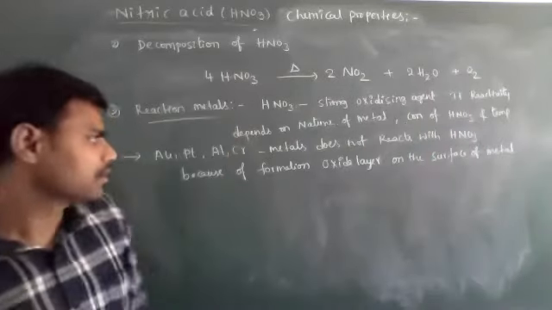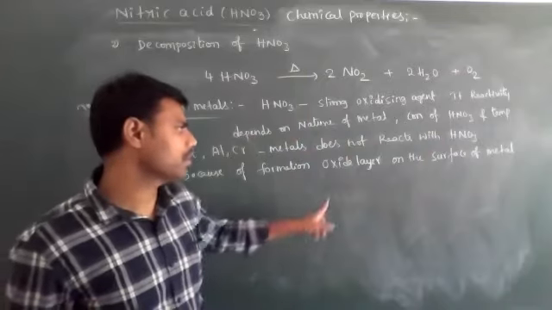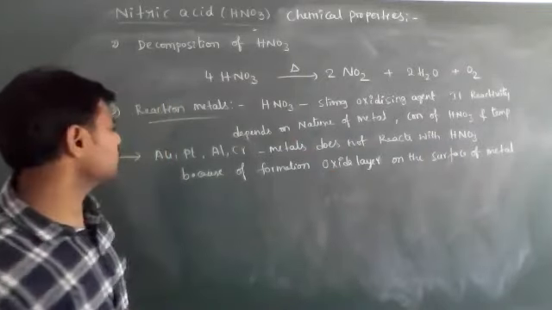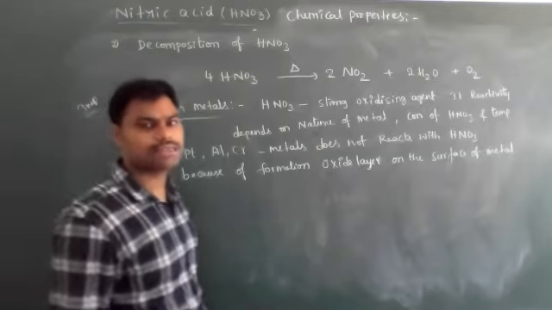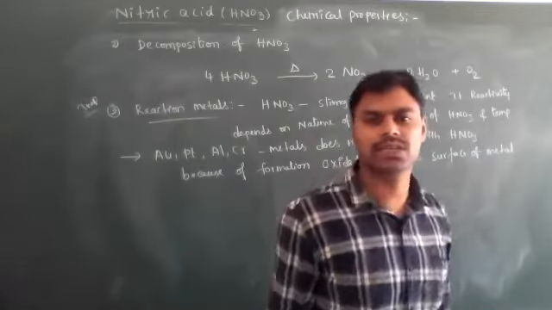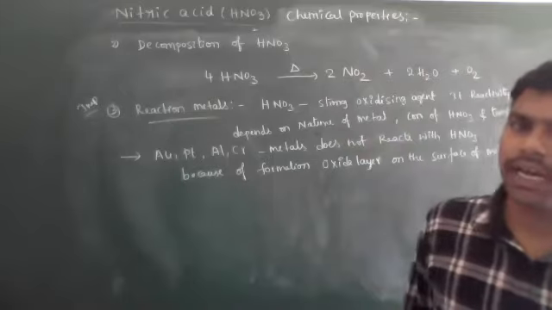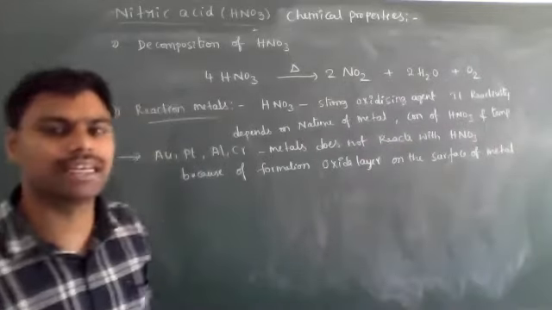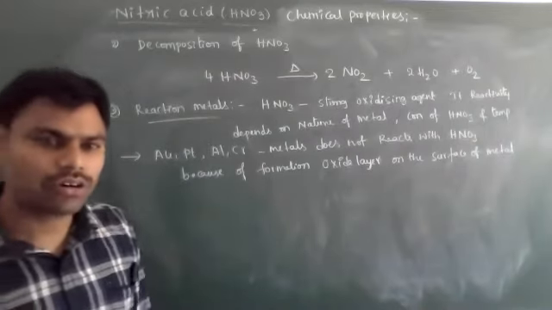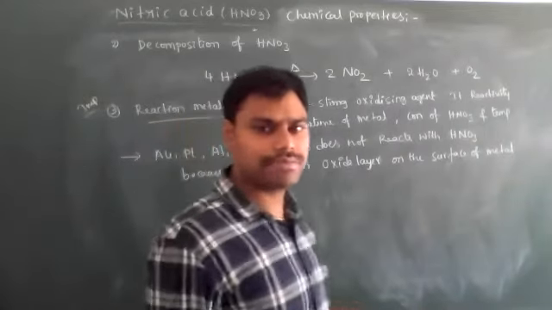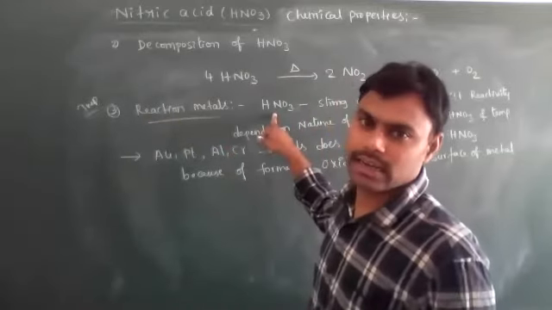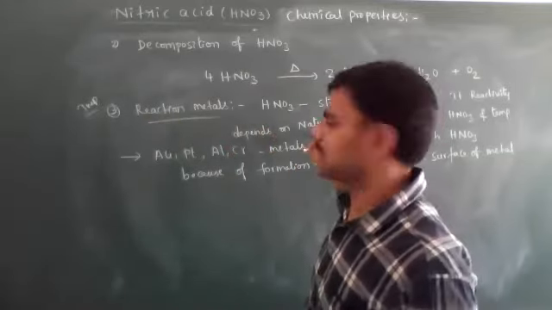Due to the formation of an oxide film layer on gold, platinum, aluminum and chromium, these metals do not react with HNO3, but most of the remaining metals will react with HNO3. The reactivity of a metal with HNO3 depends on its nature.